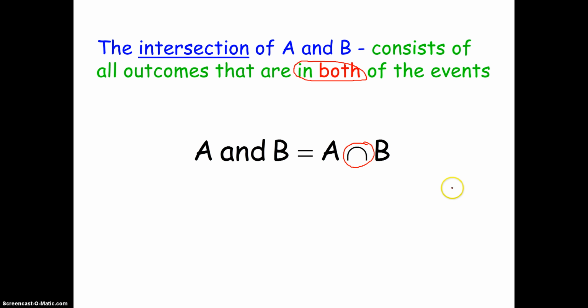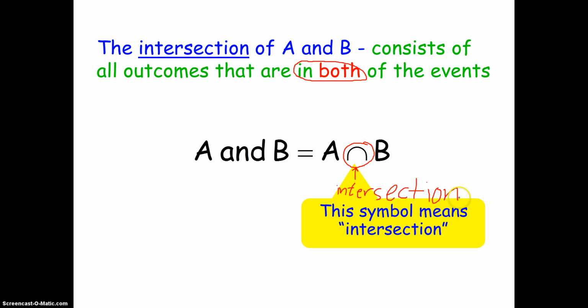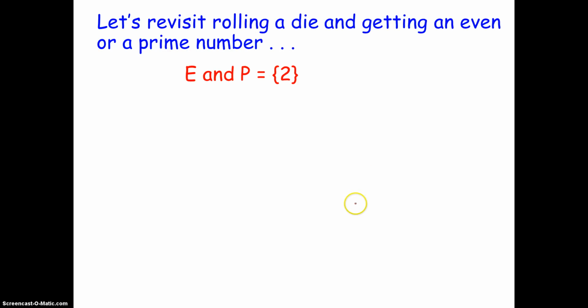Remember, U is for union, N is for intersection. So when you see this symbol, you must think intersection.